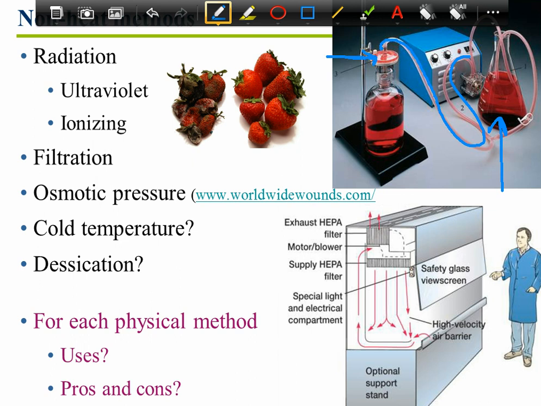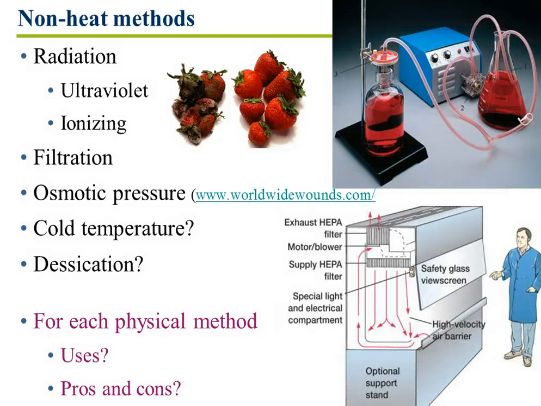It's got tiny pores. All of the bacteria, viruses, and so on are caught up at the top of the filter, and the fluid solution that ends up being filtered is totally sterile. There is nothing that has gotten past the filter down into the solution. So very good for heat-sensitive items.